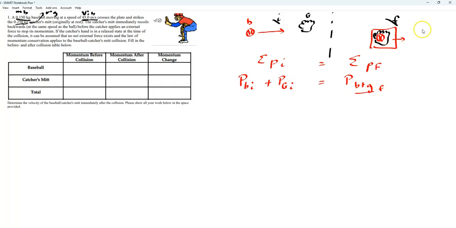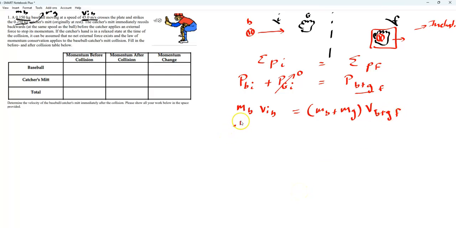This is an inelastic collision, or technically perfectly inelastic, but it's definitely inelastic. The glove is not moving in the beginning, so the velocity is 0 here. So we just have the mass of the ball times the initial velocity of the ball, which should equal the masses put together, the ball and the glove, times the final velocity of the ball and the glove.